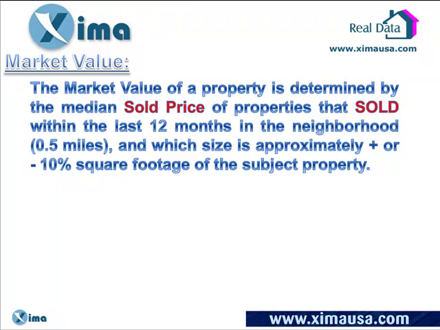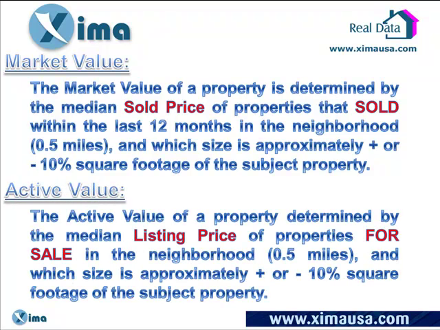There's another type of value that we calculate for properties, and it's what we call the active value. The active value of a property is determined by the median listing price of properties for sale in the neighborhood. We again go half a mile radius and we look for properties that have plus minus 10% the square footage of the subject property.